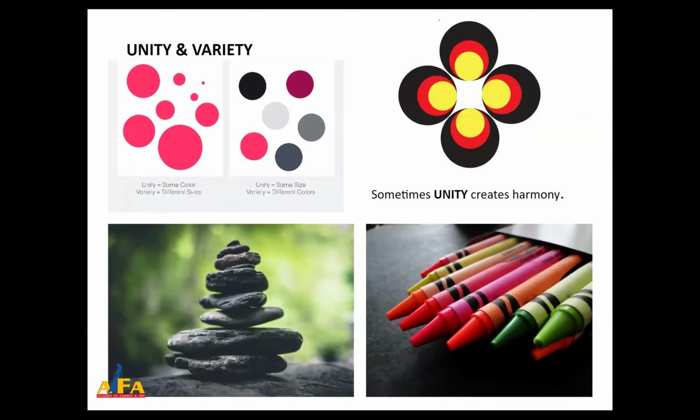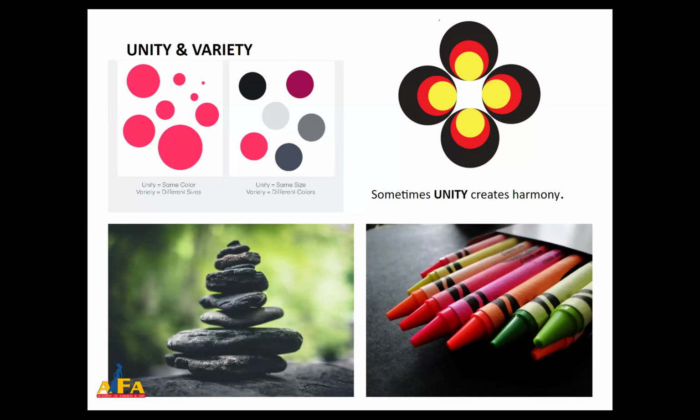Again, same thing, understand. Unity: in the first example, I have all circles of pink color. This is unity. Variety is the dimension, the circumferences are different. In the second example, I have all circles of one single dimension, that is unity, and the variety is they are of different colors. Got it?